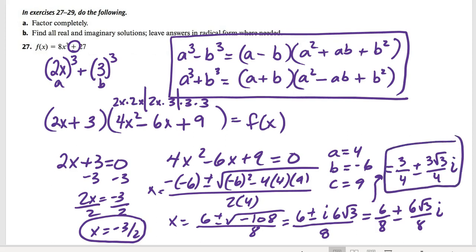So I have two roots, negative 3/2 and then 3/4 plus or minus 3 square root of 3 over 4 i. And this is an imaginary solution, and that's okay. It asks us for the real and the imaginary solutions.